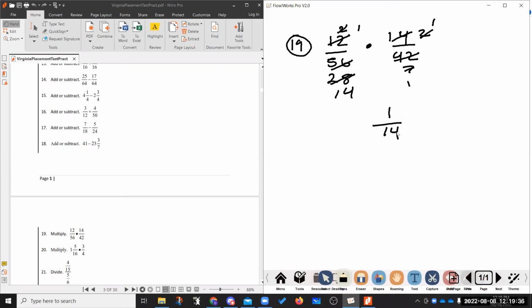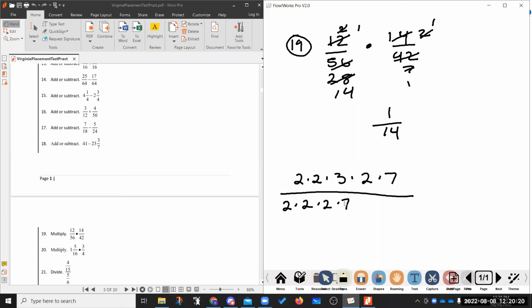Now that probably was a lot of crossing out and hard for you to follow, so I'm going to do it again with breaking everything down into prime factors, and we'll get the same answer. So 12 is 2 times 2 times 3, and 14 is 2 times 7. 56 is going to be 2 times 2 times 2 times 7.